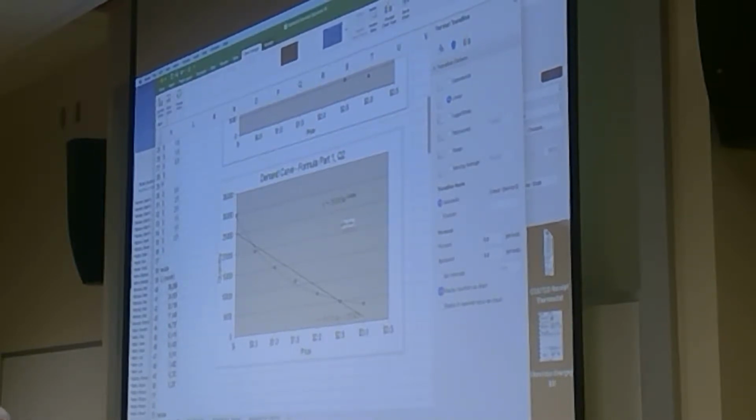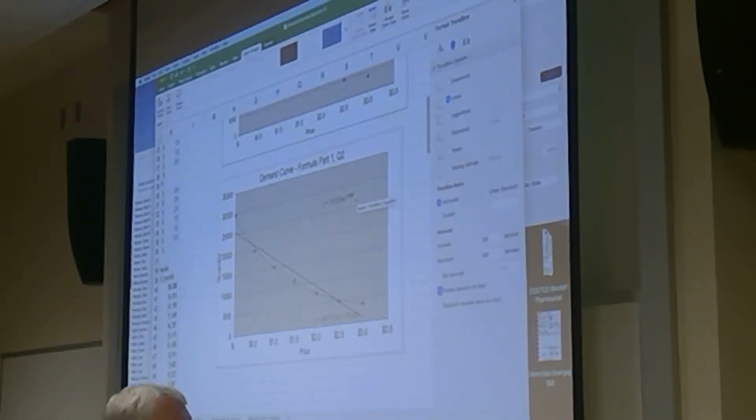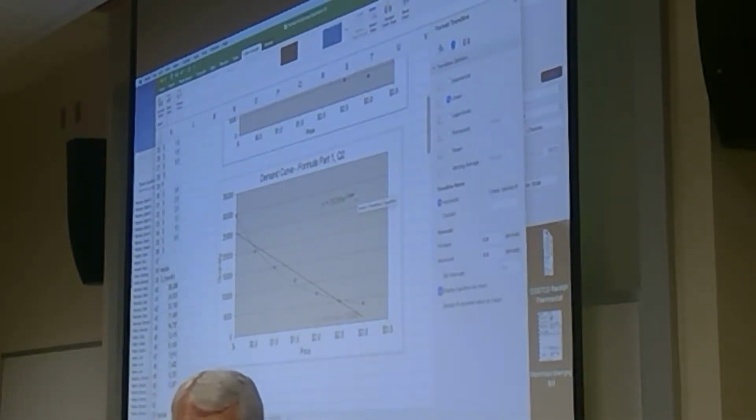Since I have price on the x-axis, x up there is really price. So this is telling me that my demand function is 29,265 raised to the exponent of negative 0.686 times my price. Okay. You should get that formula.